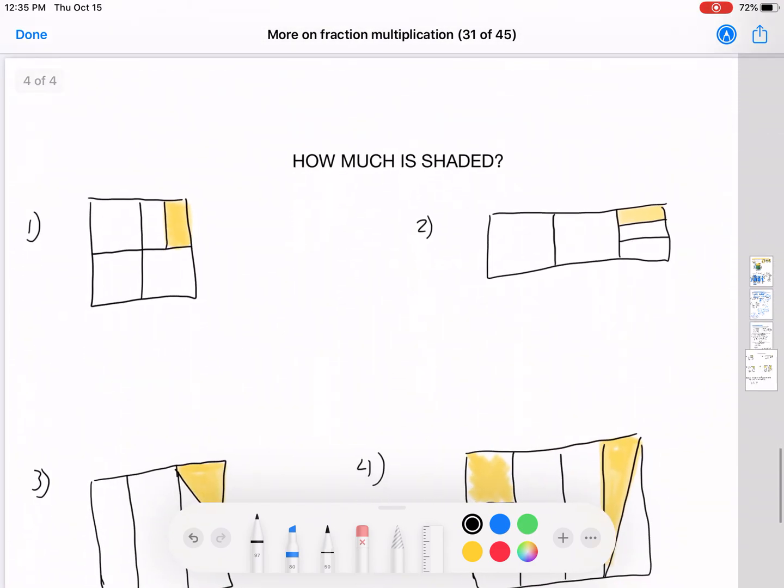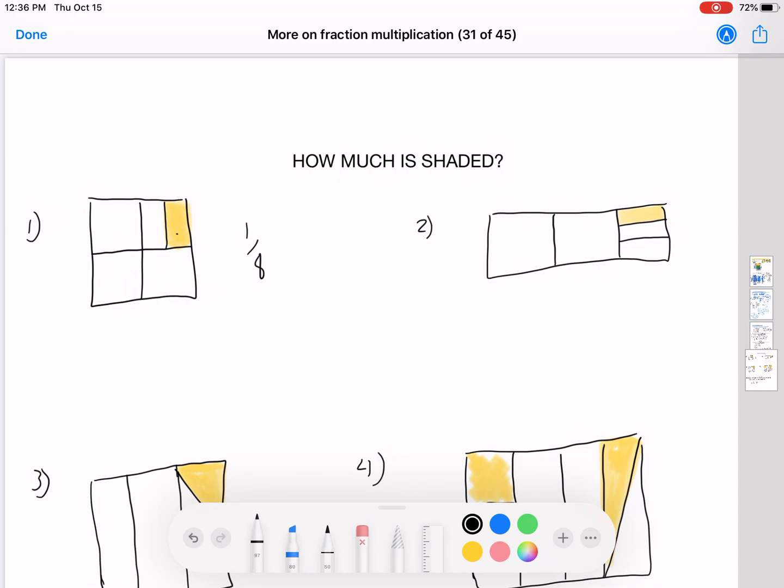All right, slightly different activity, just to mix it up. It says, how much is shaded? So on number 1 here, I could continue to slice all of these things into equal sizes, and we could see there are 8 pieces, one of which is shaded. They're all equal pieces, so we could say 1/8. But that gets away from the purpose of this activity, which is to cover what we just went over.